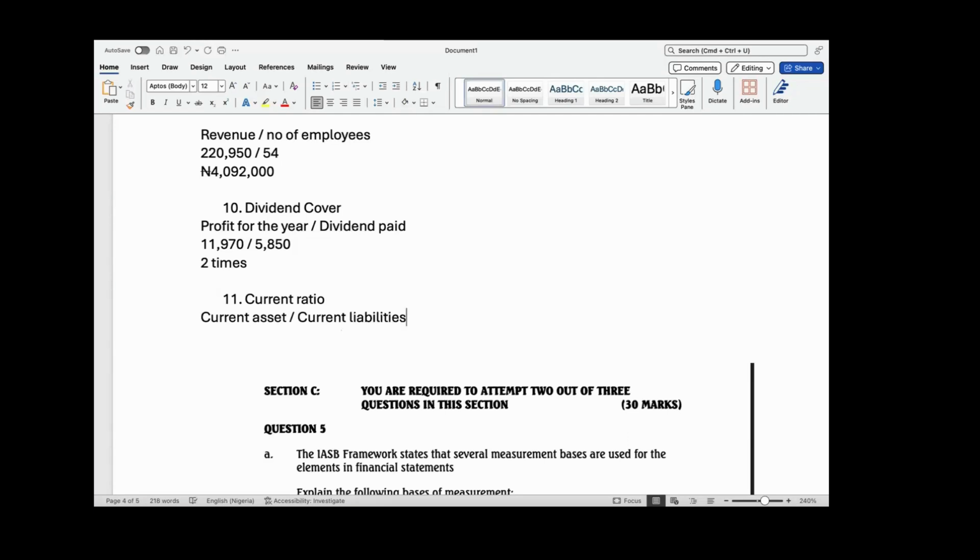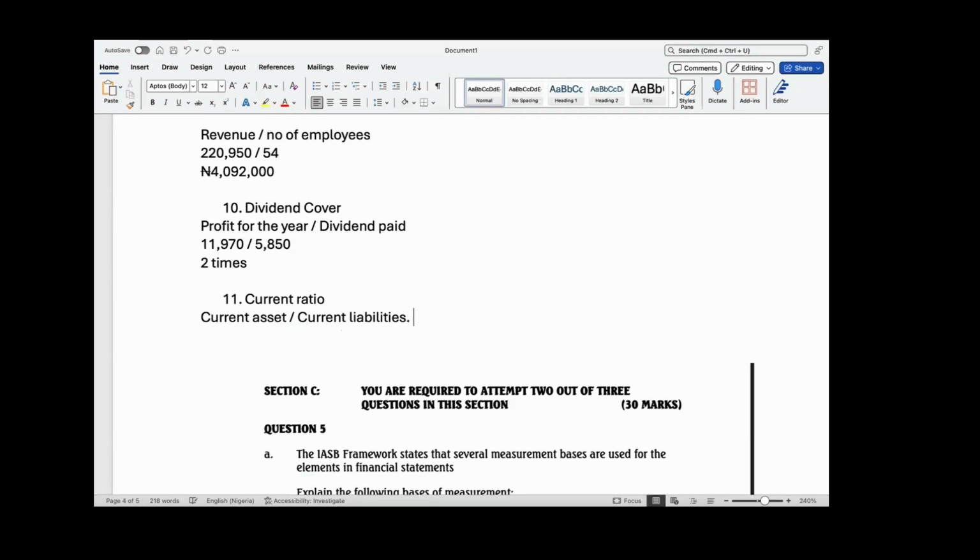This ratio majorly looks at the ability of a company to pay its current liabilities from its current assets.